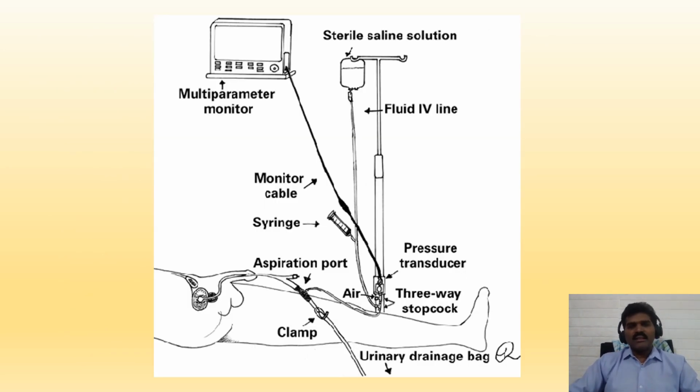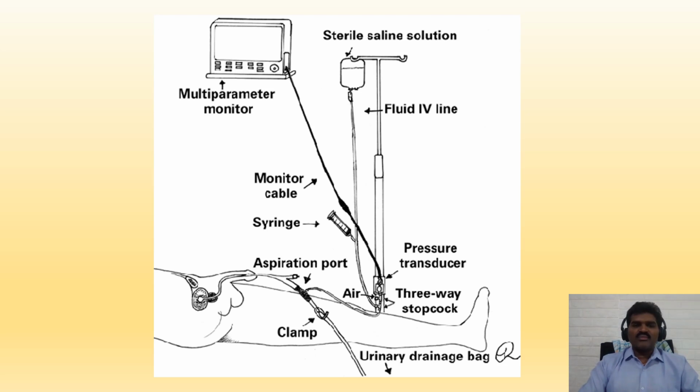In this slide, I have given you a schematic view of how the intra-abdominal pressure is monitored. You pass a Foley's catheter under aseptic precautions, and at the beginning of the Foley's catheter, you connect a three-way valve, and the catheter is clamped aseptically. And then you connect this to a pressure transducer and a sterile saline solution.